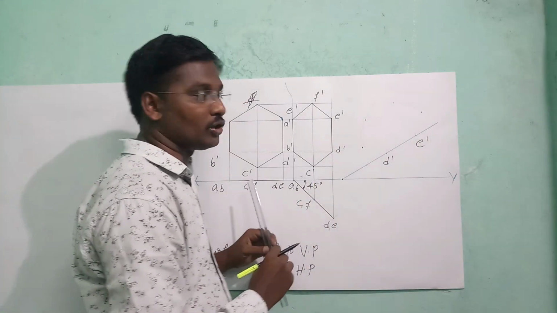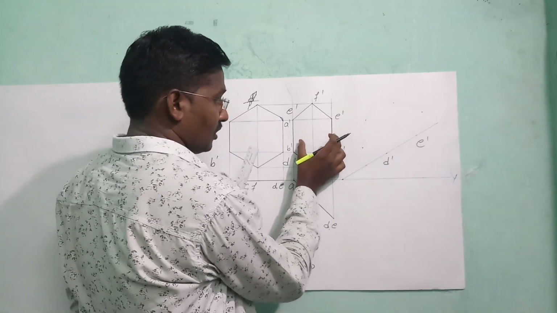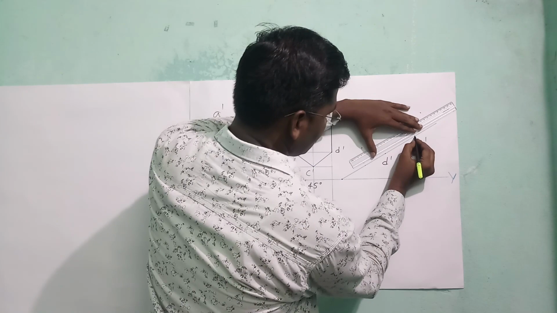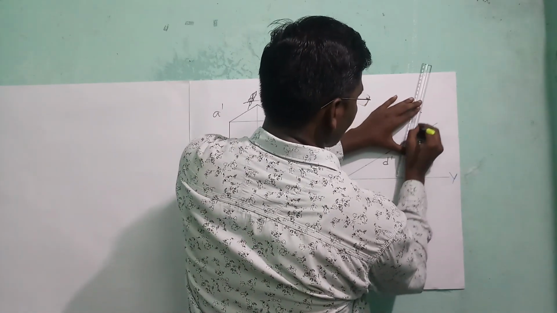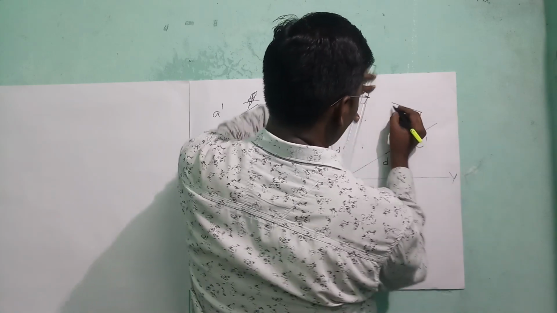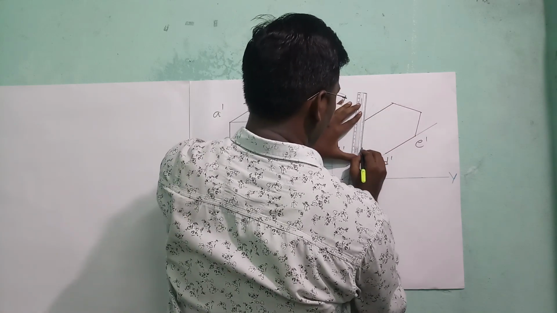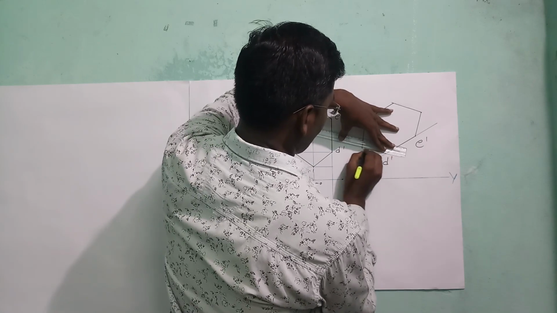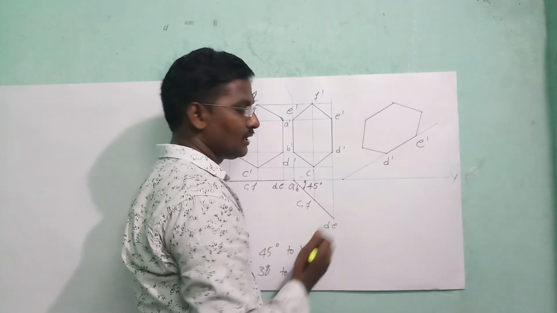Now, joining all the points, we can easily draw the hexagon on the 30 degrees line. Here we have constructed the same hexagon on the 30 degrees line.